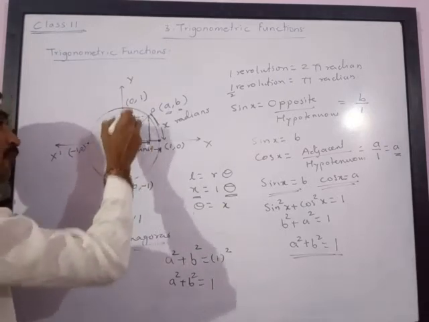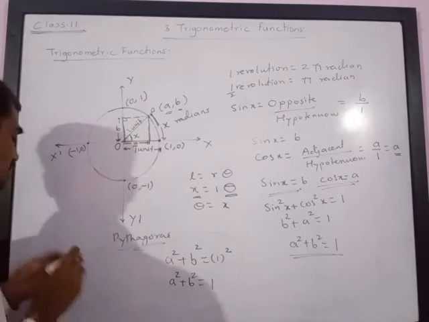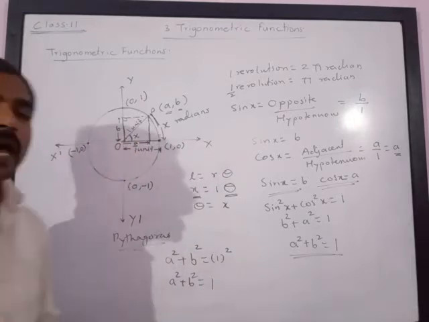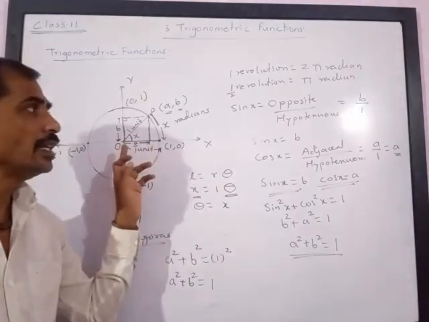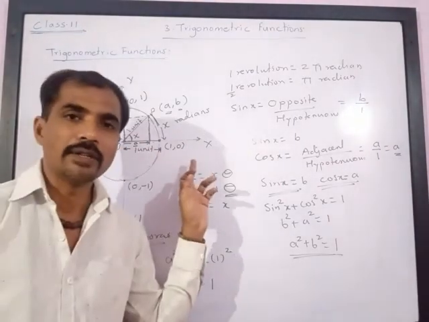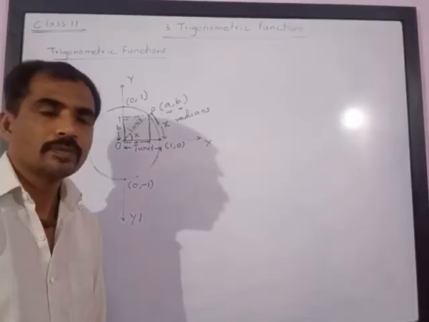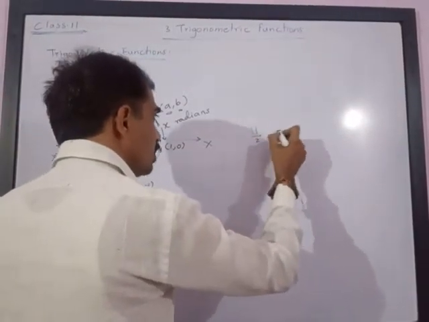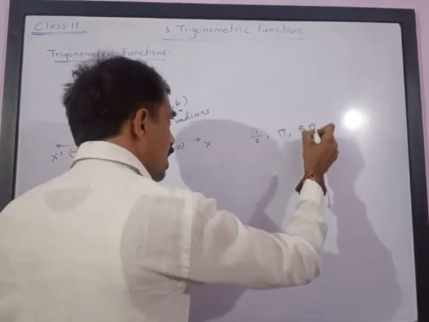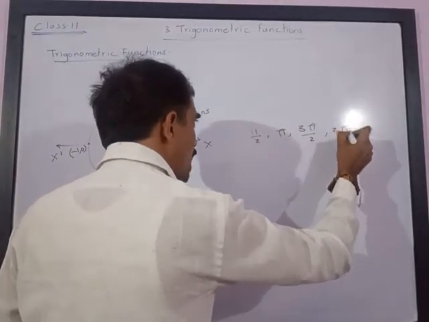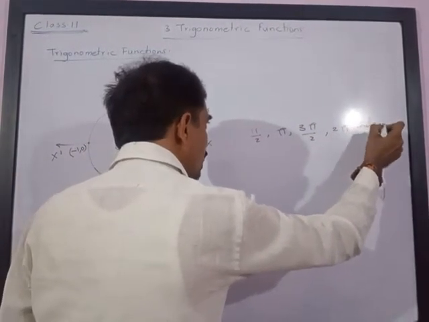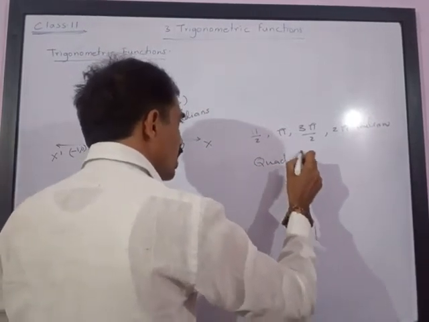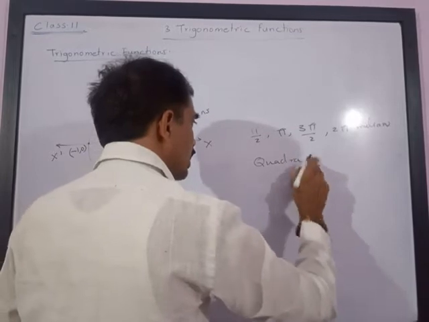So if the angle is pi by 2 radians, pi radians, 3 pi by 2 radians or 2 pi radians, then the angle is a quadrantal angle. We have already written the definition of quadrantal angles.